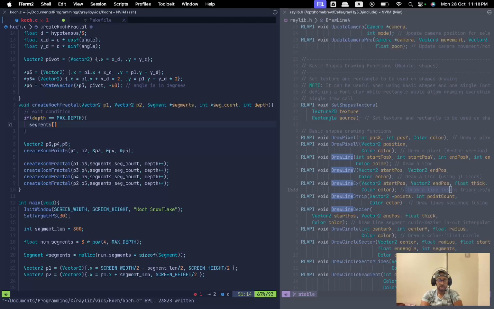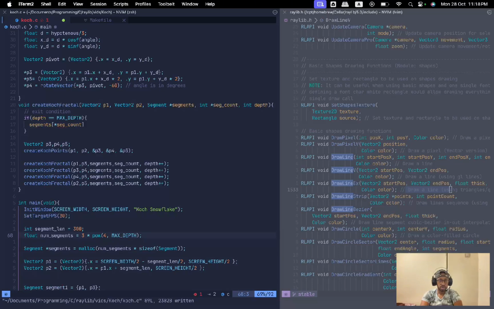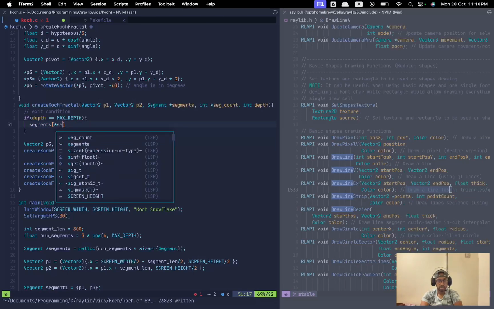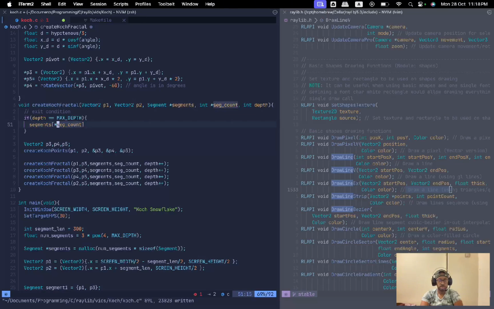That segment value is seg count, so we are getting the value. So what I'm doing here is I'm getting the value pointed by the pointer seg count. So this is a new segment. I create a segment, and that segment has a start, which is P1, and an end, which is P2.